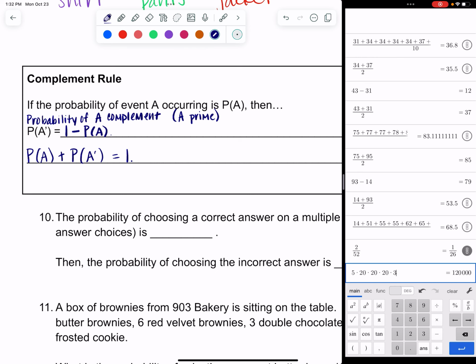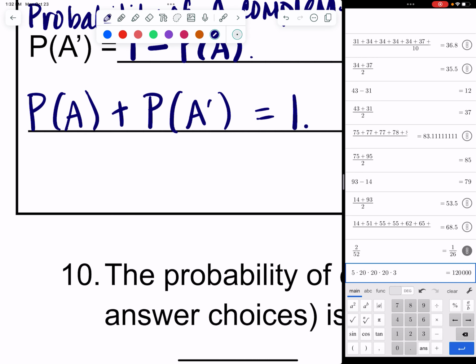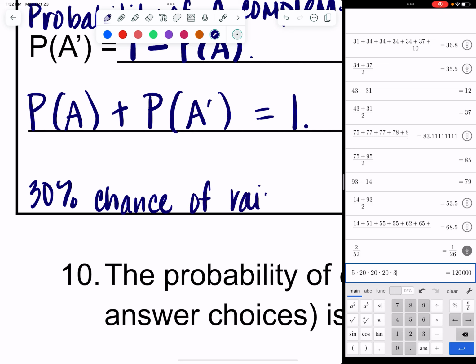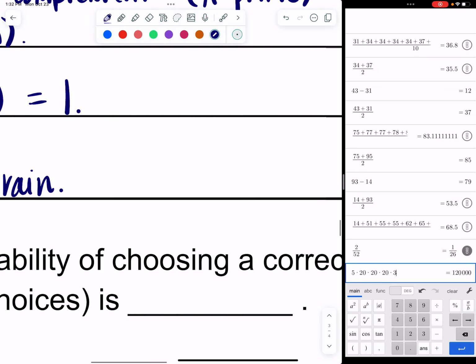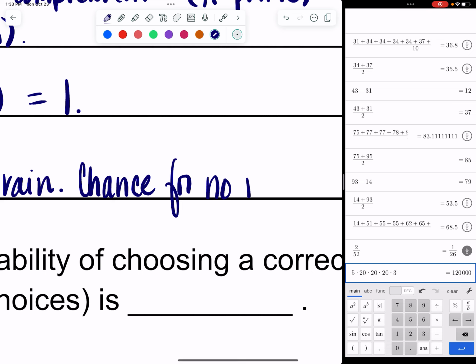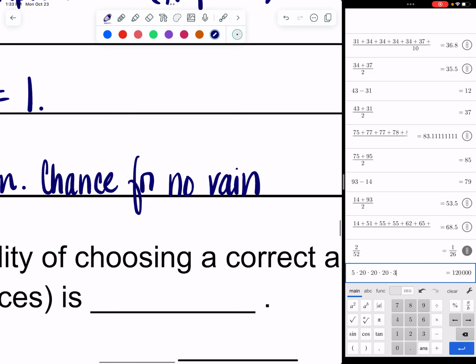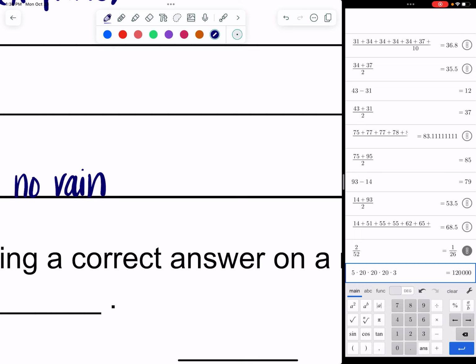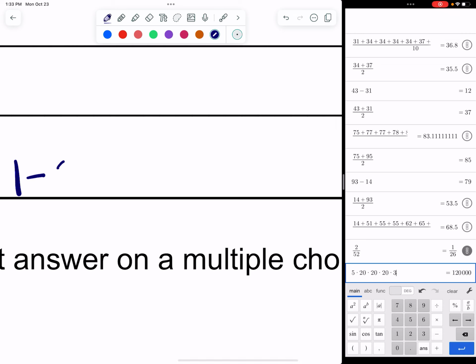An example of this might be the forecast. If you have a 30% chance of rain, the probability that it's not going to rain, so the chance for no rain, would be 1 minus that chance that it's going to rain.